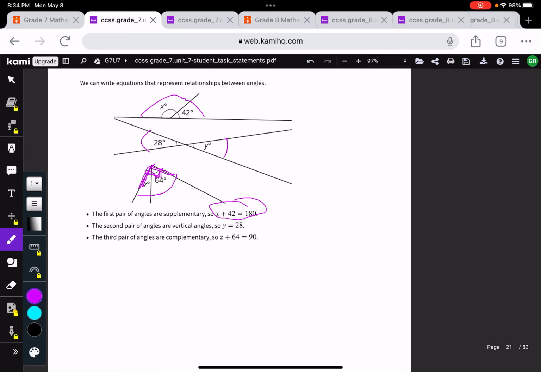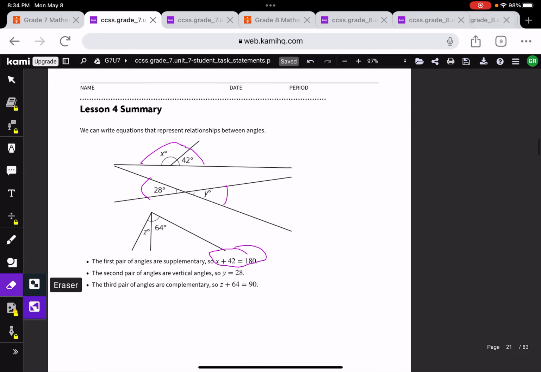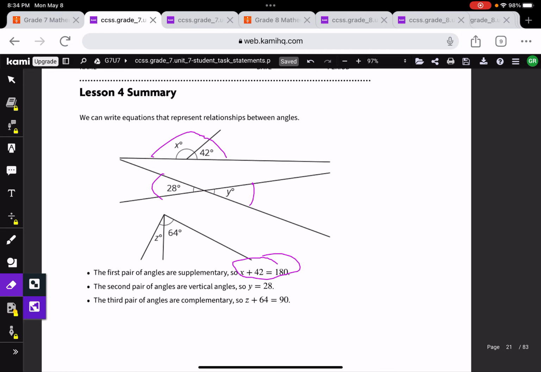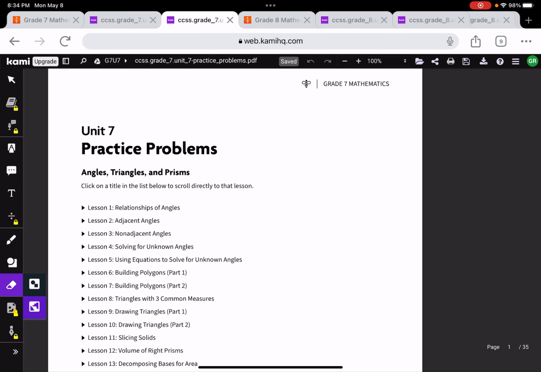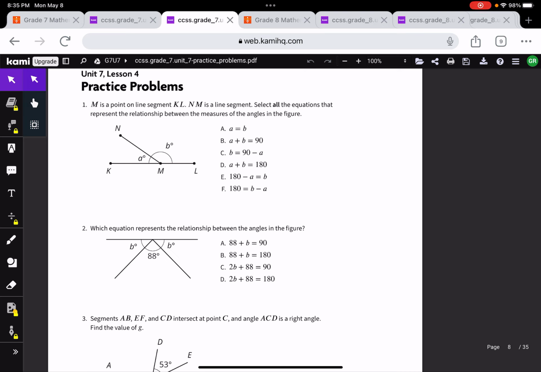That means 64 plus z will equal 90-degree angle. So let's practice this. Lesson 4, practice problems, solving for unknown.